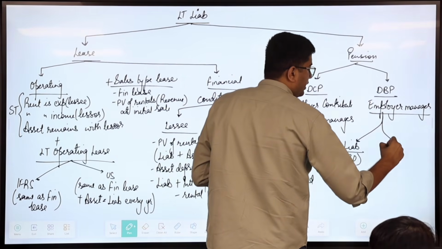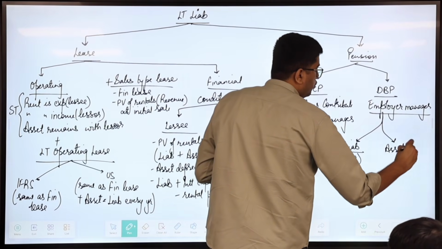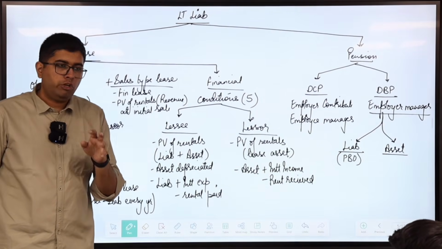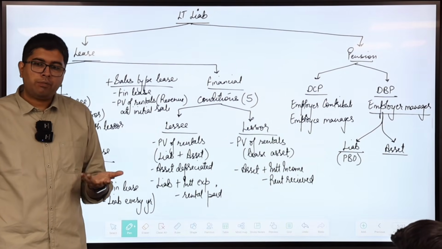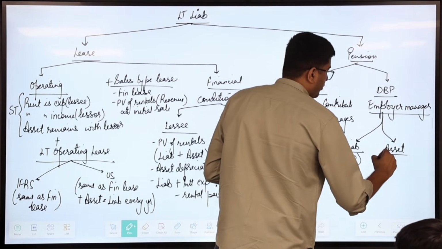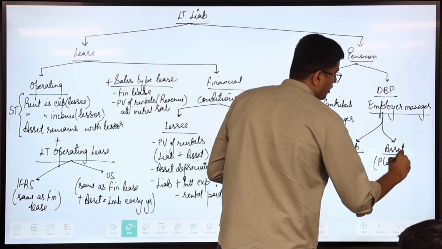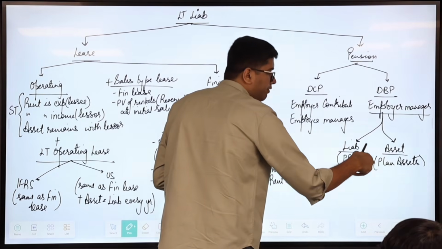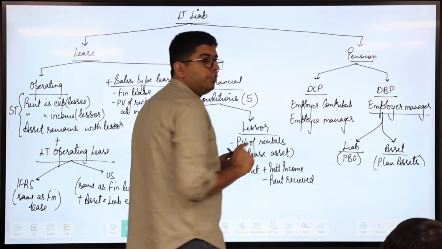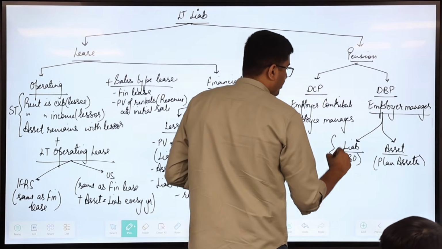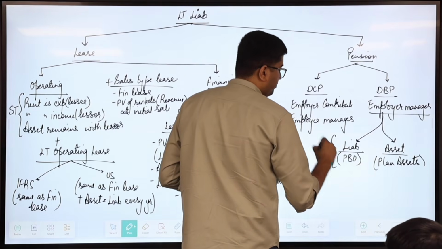And it will create an asset also, because if you know that you will have to make some payments in 20, 30, 40 years, you will not wait for that time to come when you start making payments. You will start preparing for it today itself. So asset would be all of your investments reported as plan assets to indicate that these are investments made in reference to the pension plan. Now, this is going to be the impact on balance sheet.